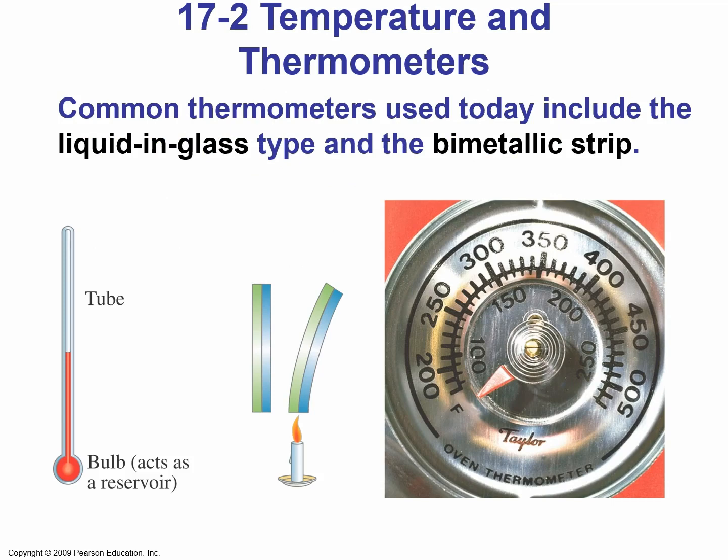Common thermometers used today include the liquid in glass type, as we can see on the left, and the bimetallic strip, which you can see on the right. They both work based on the expansion and contraction of material as they get colder or hotter.